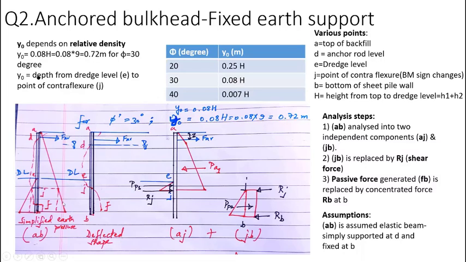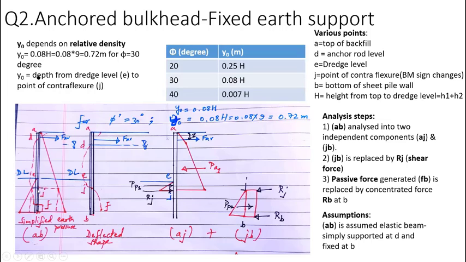So this is the simplified earth pressure diagram. In this, this whole length of the sheet pile wall AB, we idealize it as a summation of AJ plus JB. So this is the active pressure distribution. It is a passive pressure distribution.